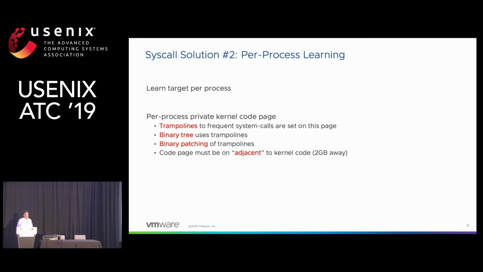The trampolines that we use to call the system calls, the binary tree, which is a piece of code that is laid out, and the binary patching are per page, per process. We have one challenge, which is an x86 challenge: we need this code page to be adjacent, in the same 2 GB area, to the other pieces of the code, and we deal with that as well.